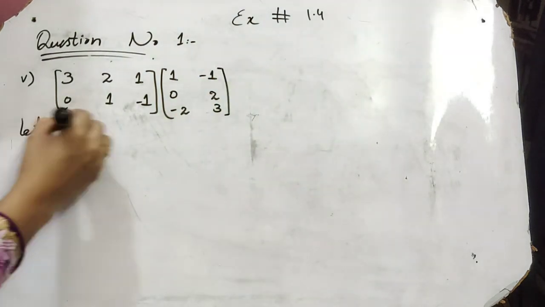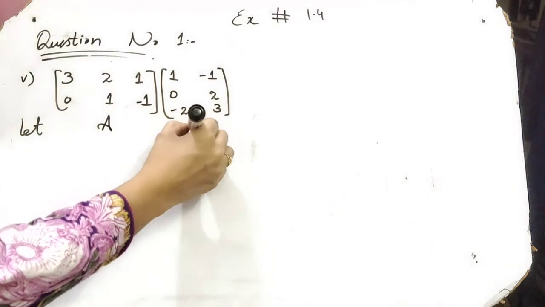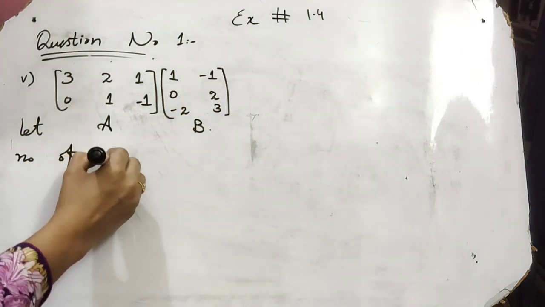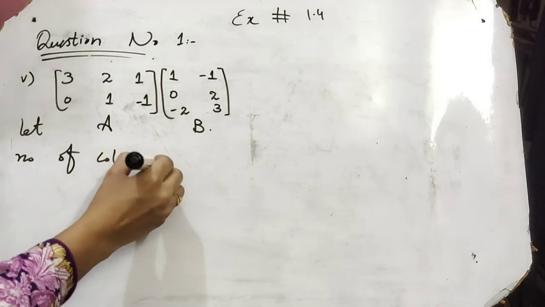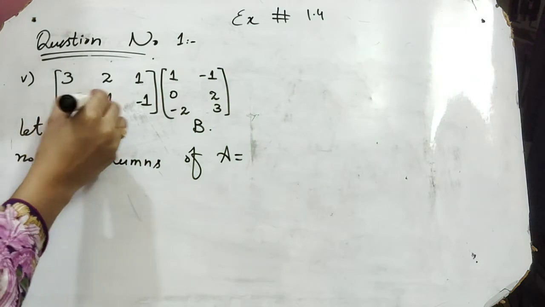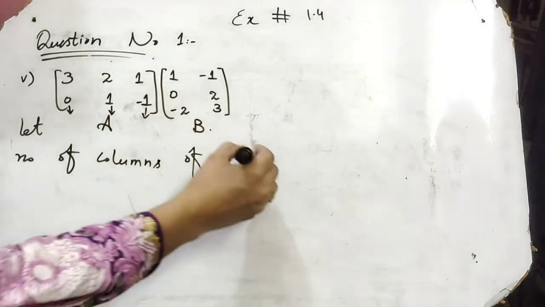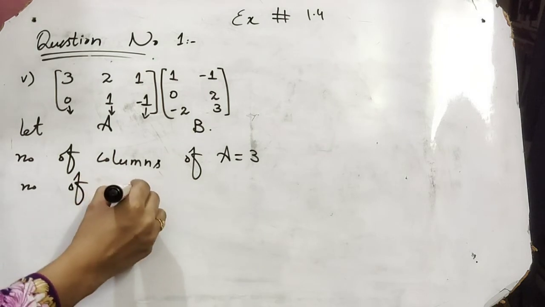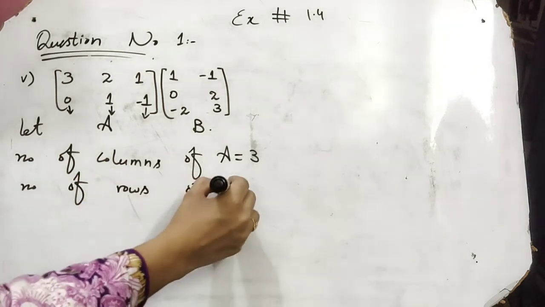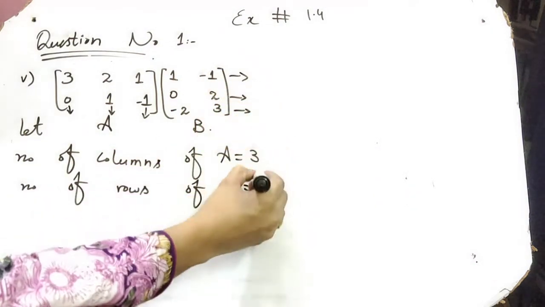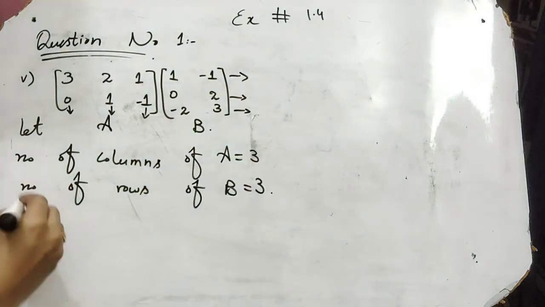Let this be A and this be B, so the number of columns of A is equal to 3 and the number of rows of B is equal to 3.